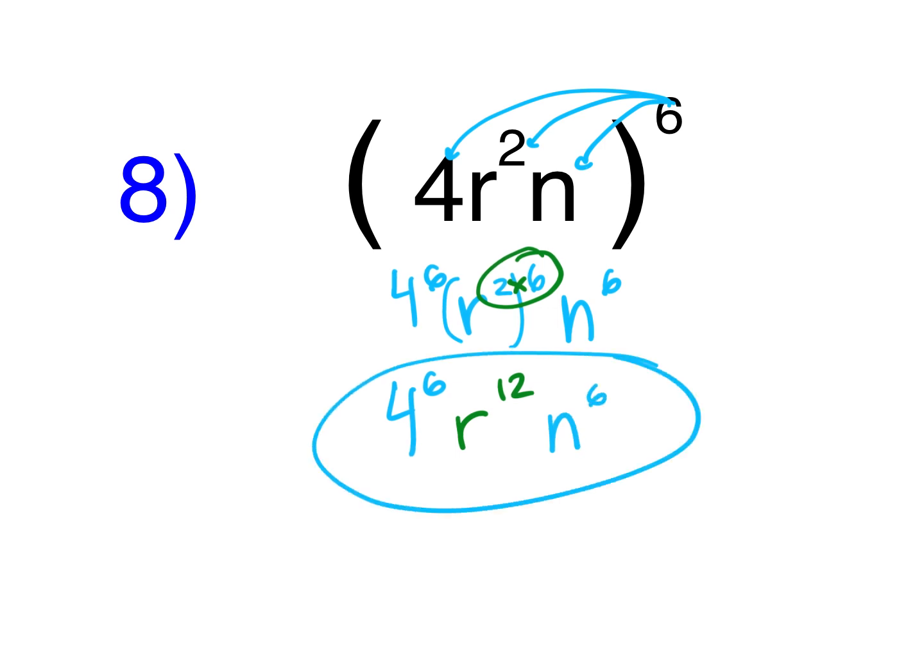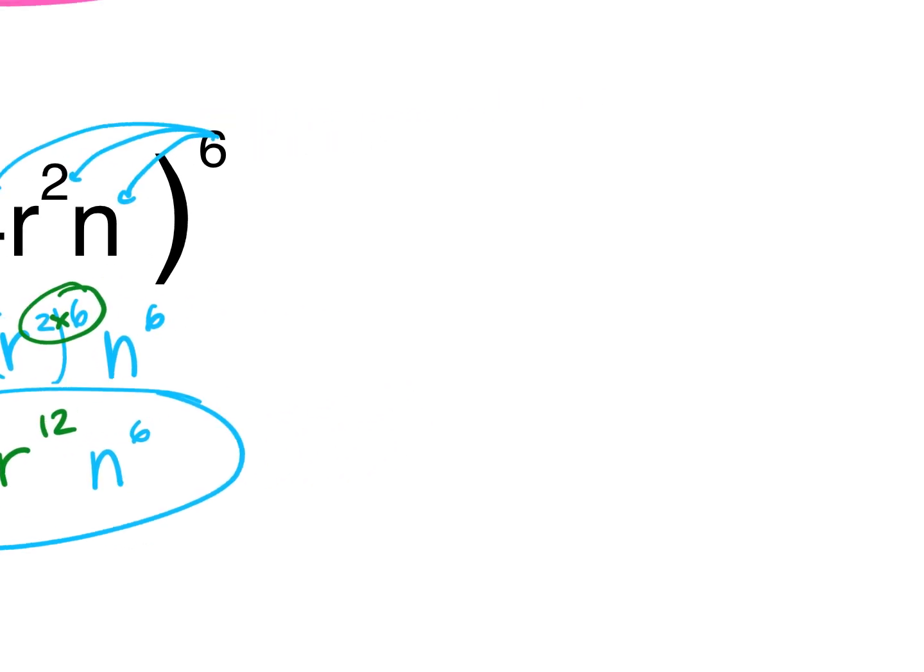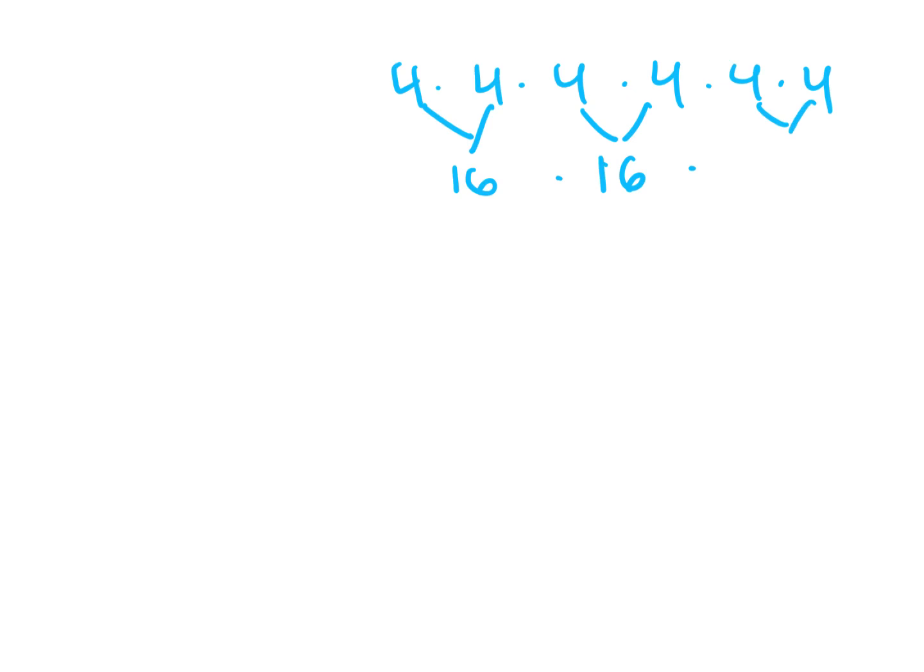You want to do 4 to the 6th power just for fun? Let's do it. So 4 times 4 times 4. So what's 4 times 4? 16. So I'm going to multiply these two together also and get 16. And then these two together and get 16. So now we just have 16 times 16 times 16.